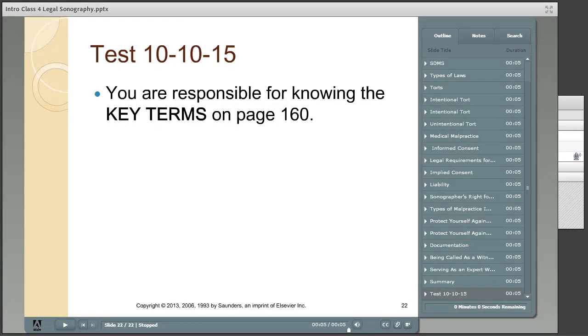On page 167 in box 7-2, this just gives guidelines for defensive scanning, something to protect yourself against. Insist on written request. Always make sure that the provider is giving you an exact request of what they're looking for prior to doing your ultrasound.